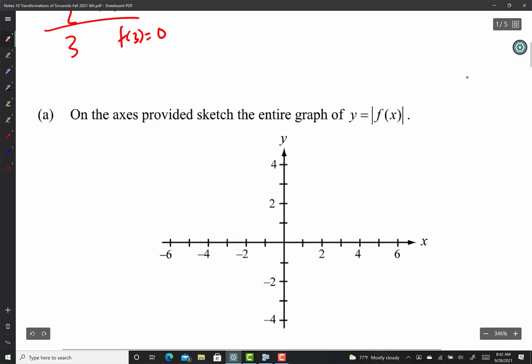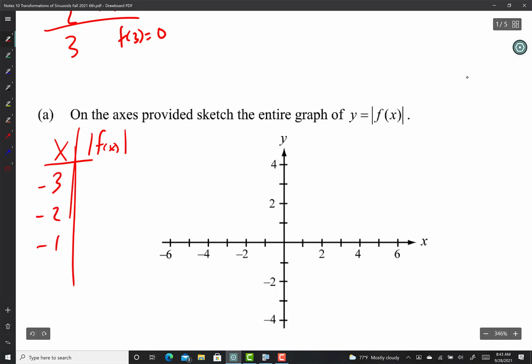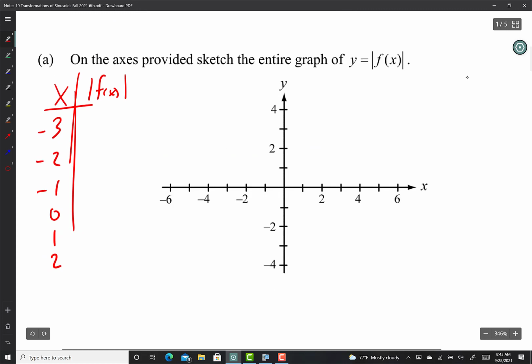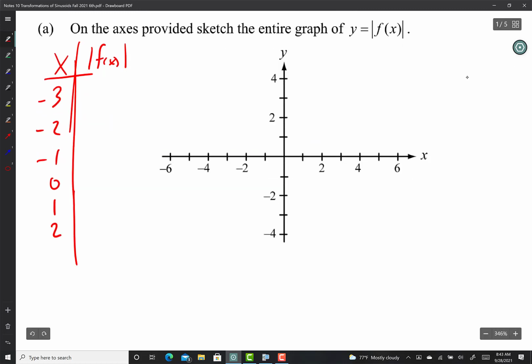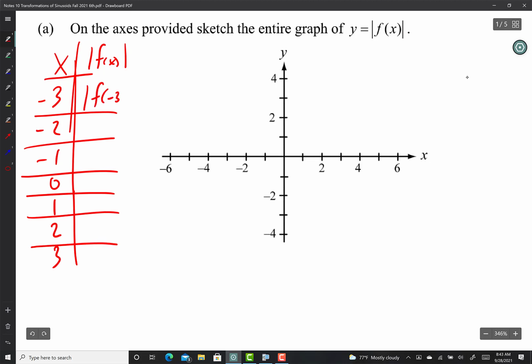So here it is. I'm going to go ahead and draw a table for those of you that love tables. I'm going to go -3, -2, -1, 0, 1, 2, 3 again. Absolute value of f of -3.